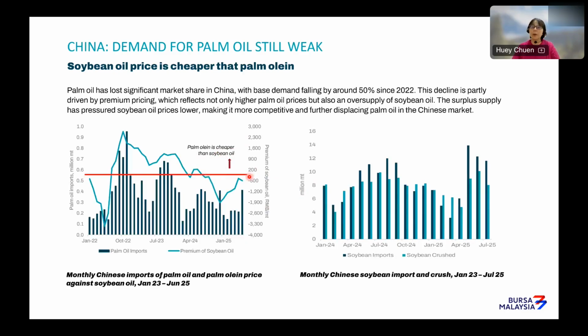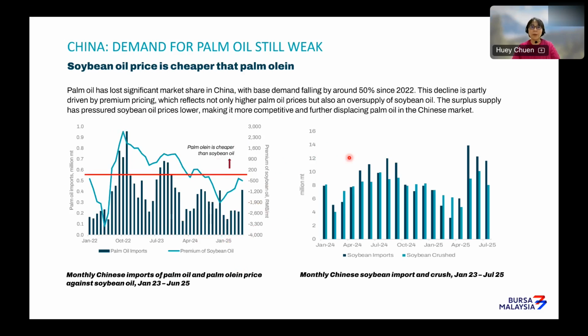So it's about a year already. And the biggest discount we had back in 2022 was about 3,000. So now we are trading at about 800. And if you look at it, palm oil demand in China has been dropping. It's very clear cut that it's a dropping line. And you look at it, the base demand has been getting lower and lower.